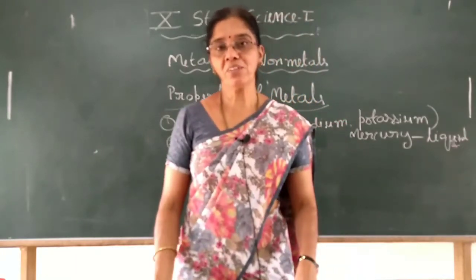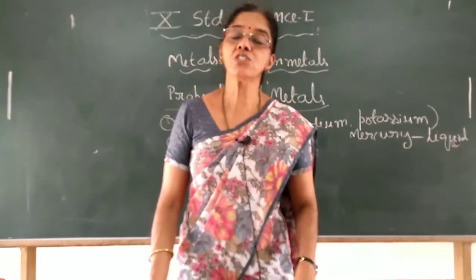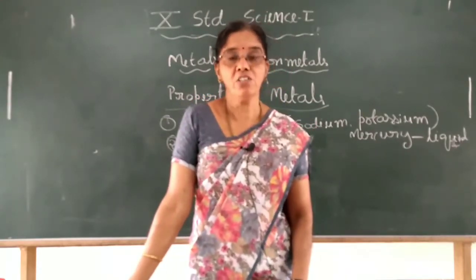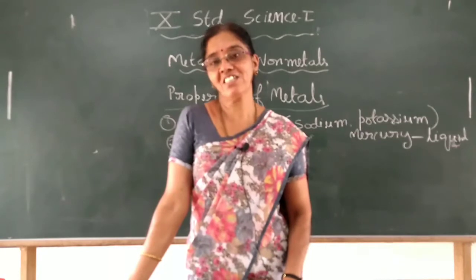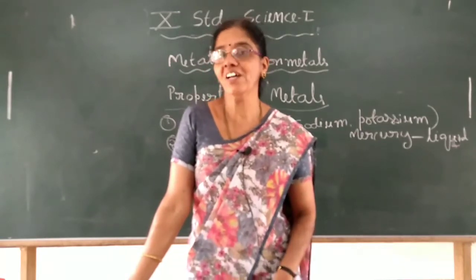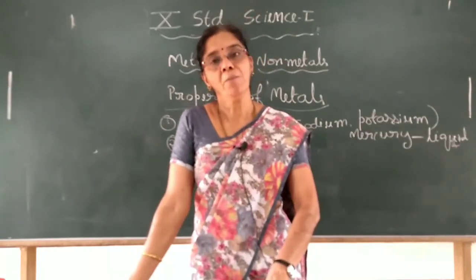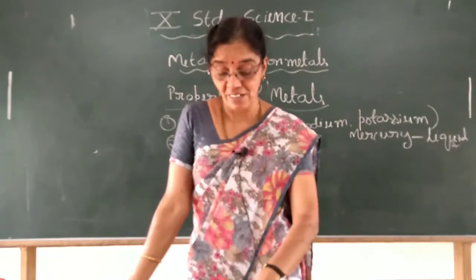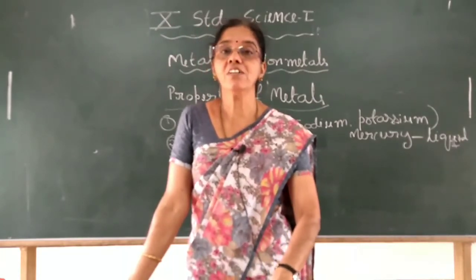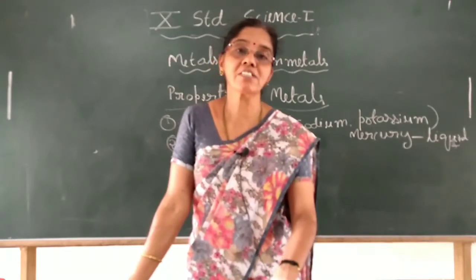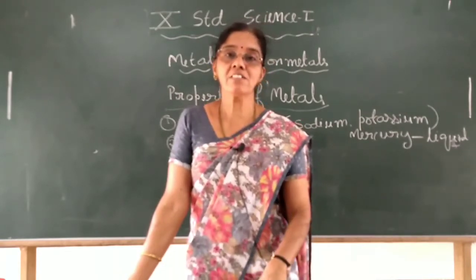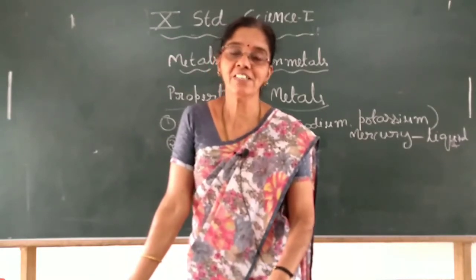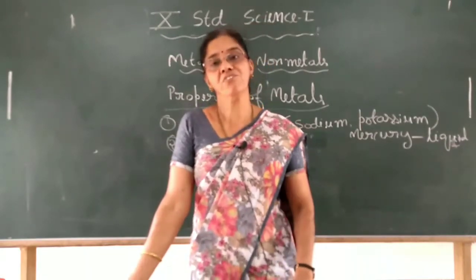Now, what about the utensils used in the kitchen in your houses? Usually we use stainless steel. It is actually an alloy. Alloy is a mixture of metals or non-metals. And other than steel, some houses may use copper vessels or aluminum vessels to heat water or cook food.